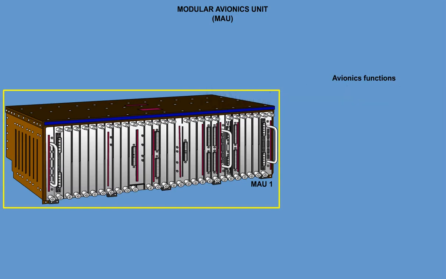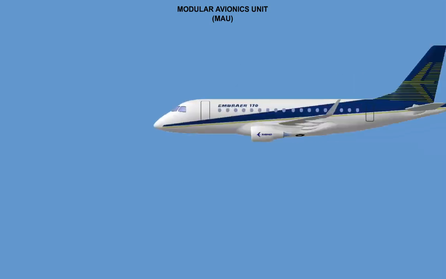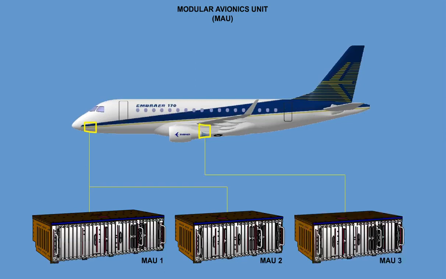Among the avionics functions, the MAU houses air data application, autopilot, auto throttle, data acquisition, display control functions, flight director, flight management system, FMS, flight control modules, global position system, monitor warning system, stall protection warning, and wind shear guidance. MAUs 1 and 2 are located in the forward electronics bay, whereas MAU 3 is located in the center electronics bay.